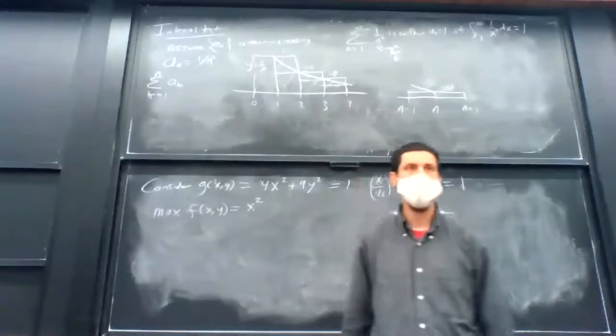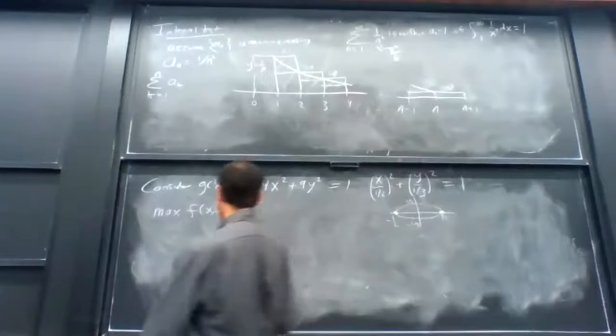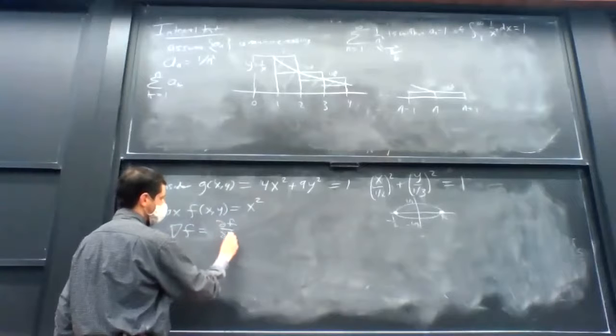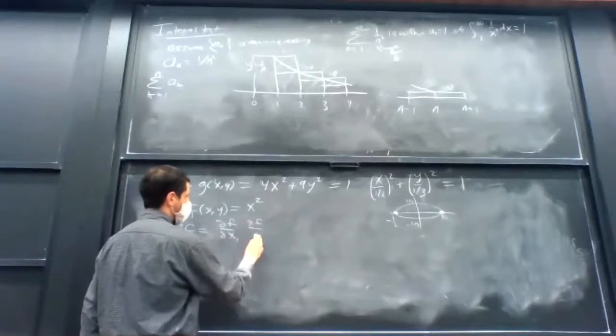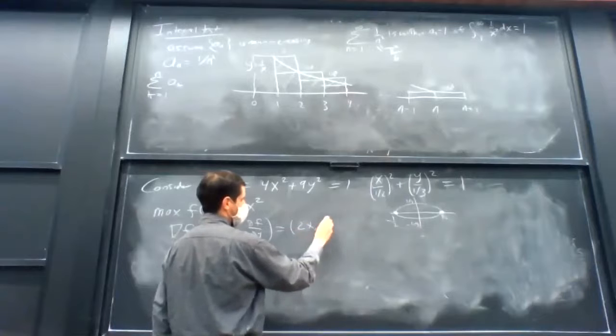And then after we do this, we'll adjust it a little bit and make it a little bit more interesting. So I have the gradient of f is df dx, df dy, that's going to be 2x comma 0.